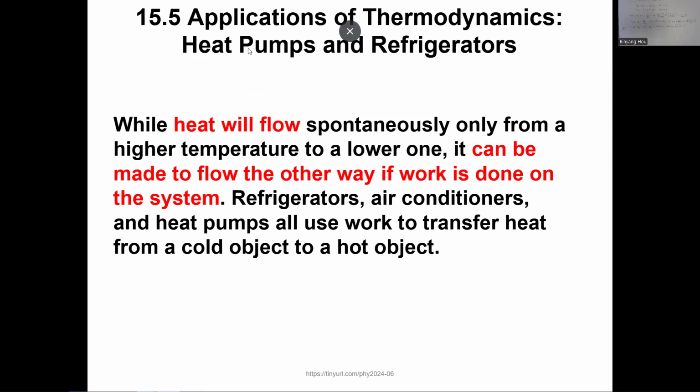And in the process, it actually does some work. Now, you can make the heat flow from a lower reservoir to a higher reservoir. In order to do this, you have to add work into the system. So it's basically the reverse process of the heat engine.